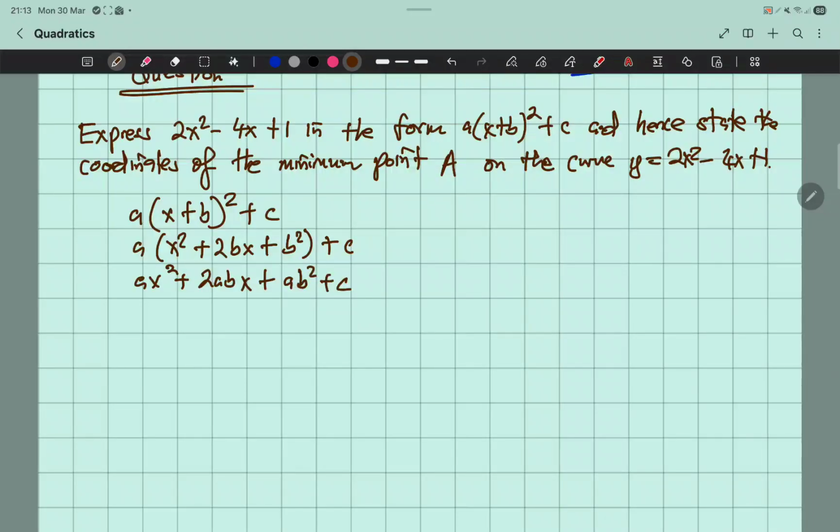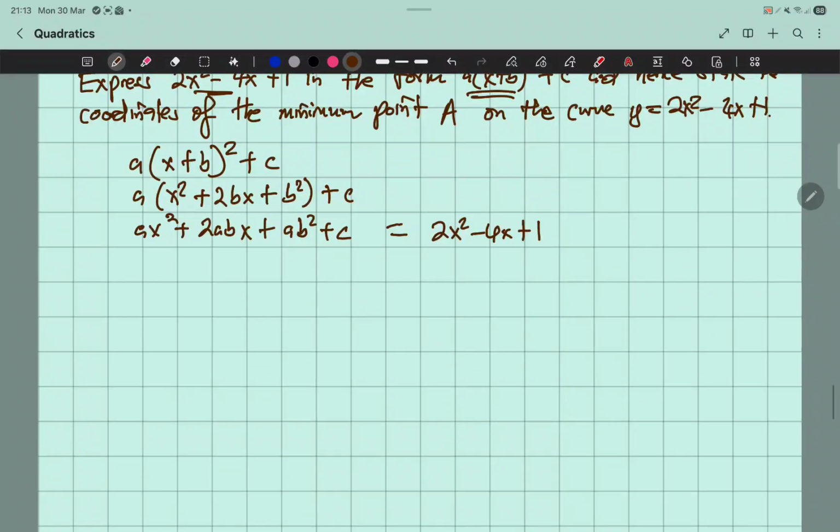After expanding, we then equate it to the function we are asked to express in this form, which is this function. So now let's equate the coefficients of x squared.